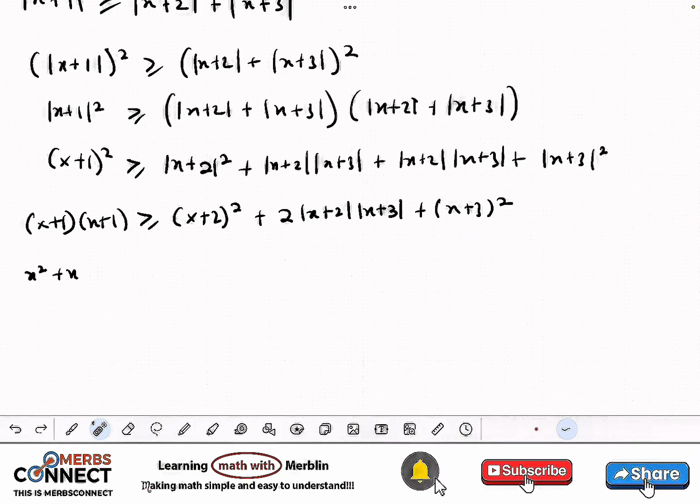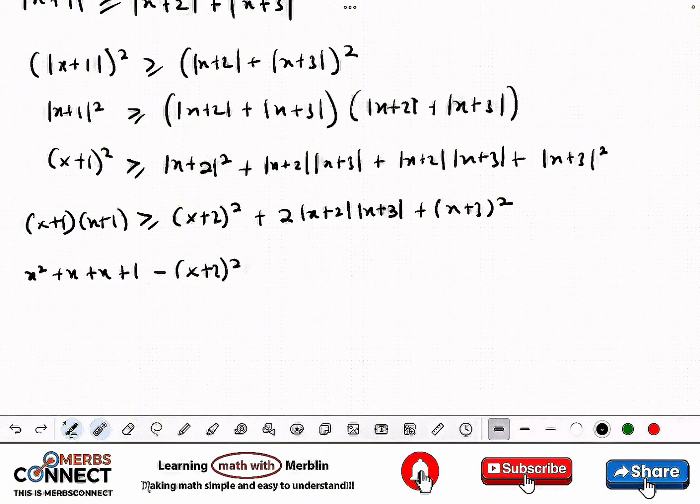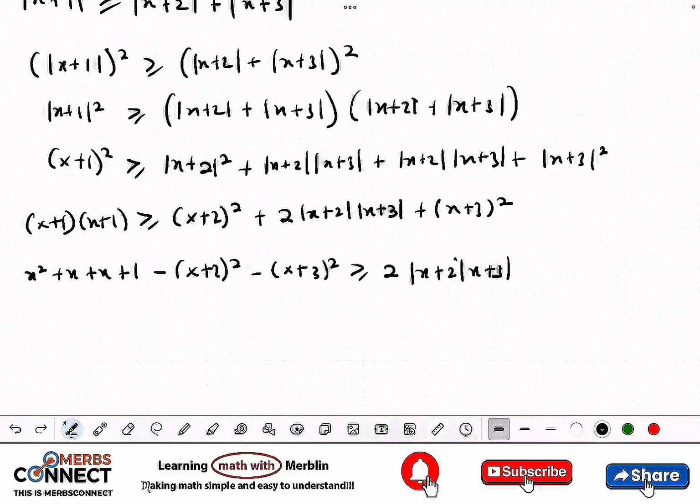Then this times this will be plus x plus 1, right? Then I'll move this one to this side. So I'm going to have minus (x + 2)². Then I'll move this one to the other side, which you are going to have minus (x + 3)², which will be greater than or equal to 2|x + 2||x + 3|, right?